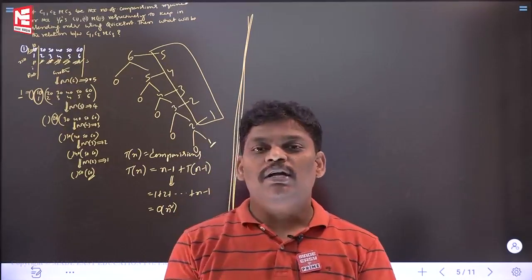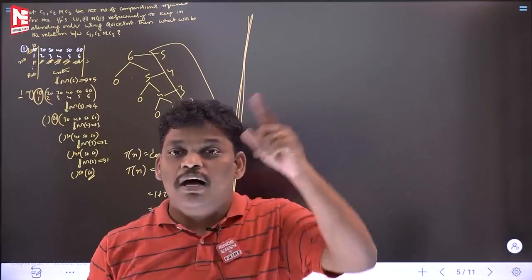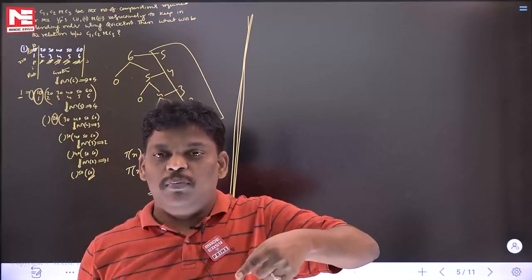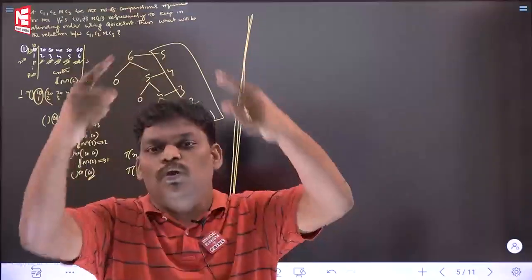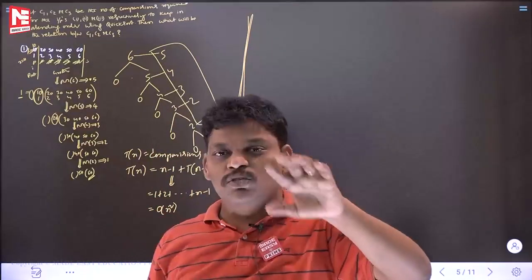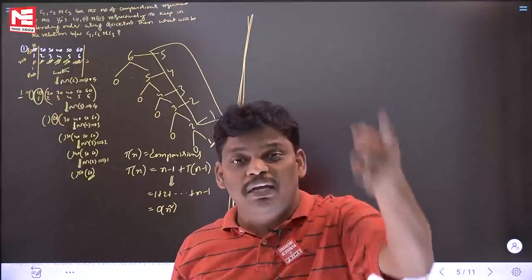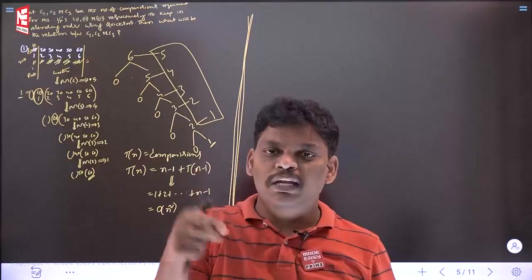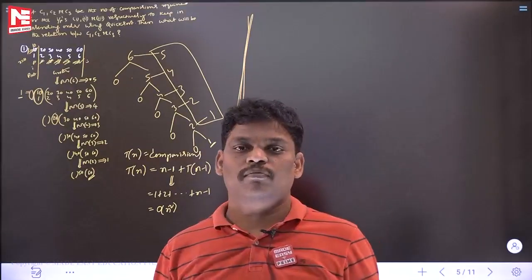When will the quicksort algorithm give best case? Always best partition. When you say quicksort algorithm, inside it the partition algorithm is going on many times. Quicksort is calling itself many times. What is the meaning? Partition algorithm runs many times. Whenever the partition algorithm runs many times, if every time the best partition happened, then best case.